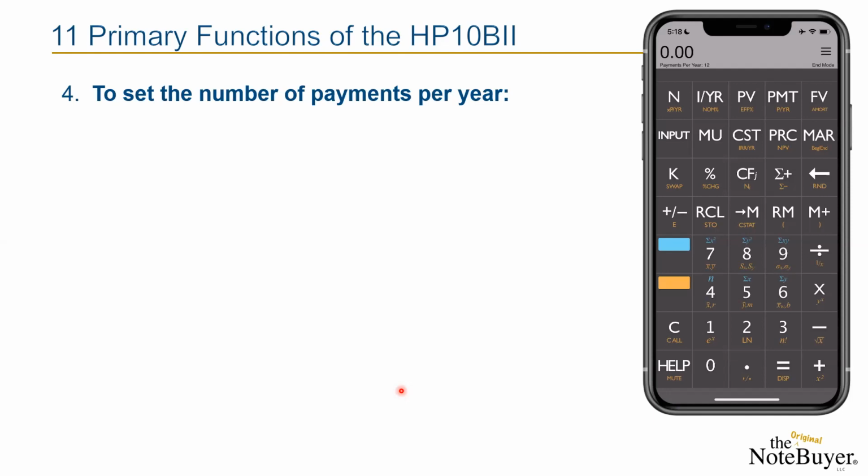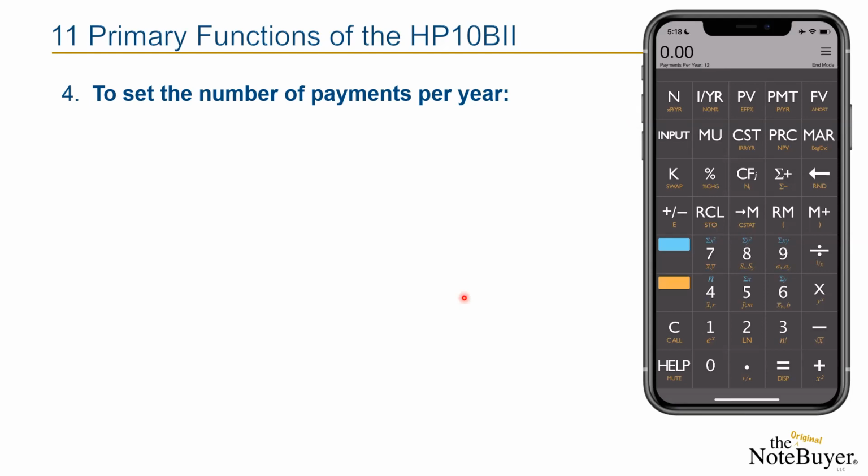Next, we need to make sure that we have the number of payments per year set to whatever we're working on. Most of the notes we're working on are going to be 12 months, but every now and then you get one that could have quarterly payments or annual payments. Right now you can look up here and see that we are set on 12 payments per year.